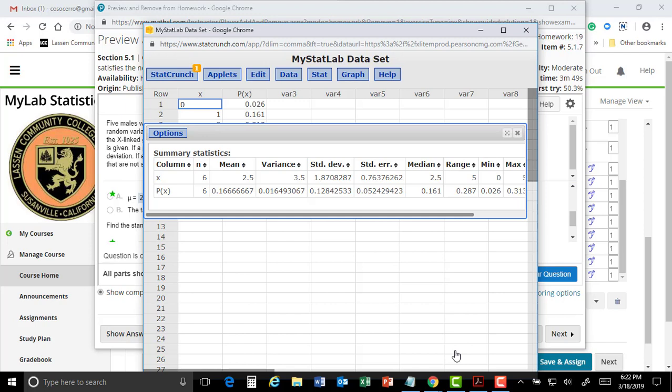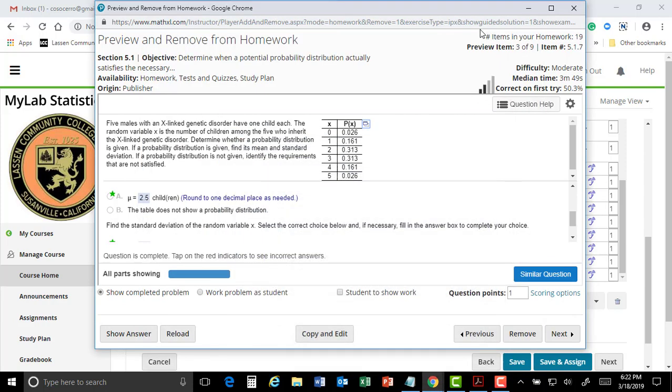So on that distribution, the average is going to be here, when we're talking about this number right here. Where does 2.5 hit on the scale? So this 2.5 is the average.